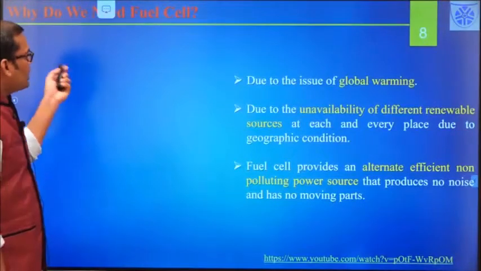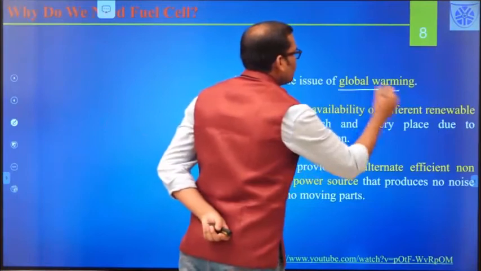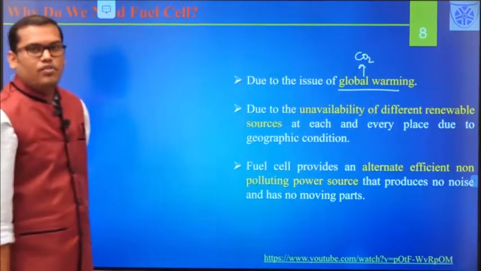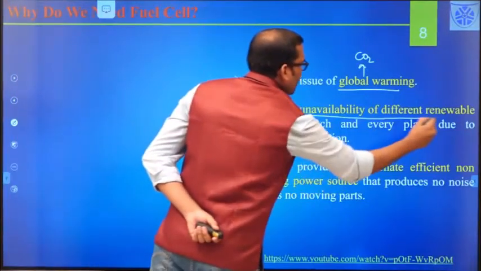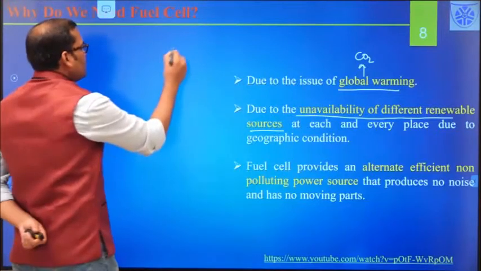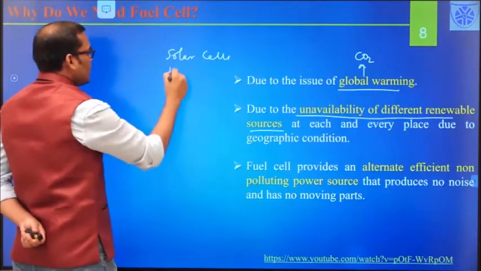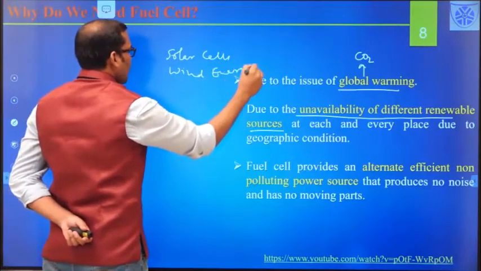So now I will mention some points on why you need the fuel cell. First, due to the issue of global warming. This global warming is coming because of the carbon dioxide from the fossil fuels, right? And second, due to the unavailability of different renewable sources. The renewable sources such as solar cells, right? Then wind energy, right?